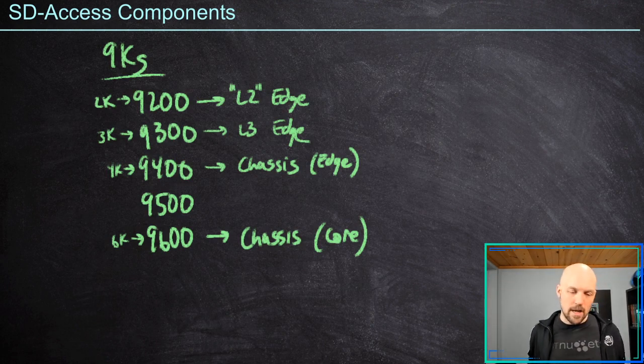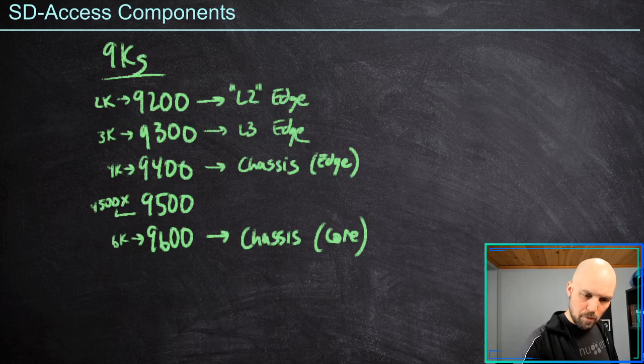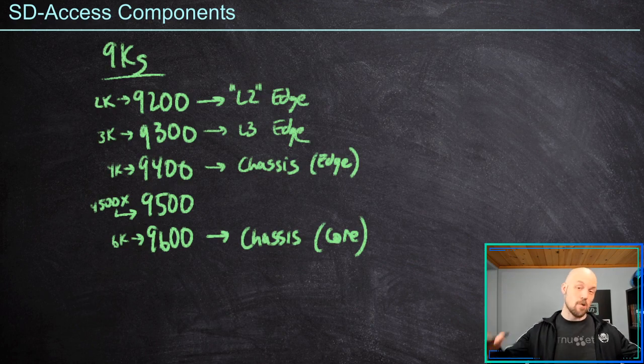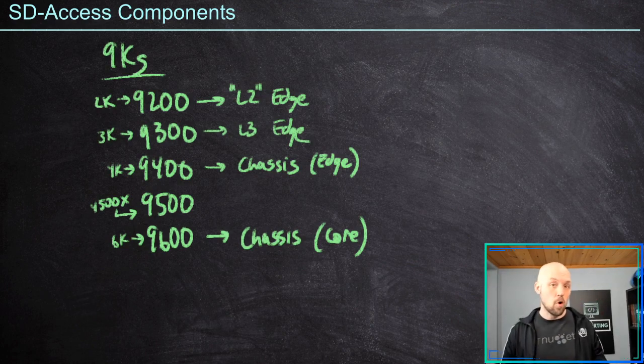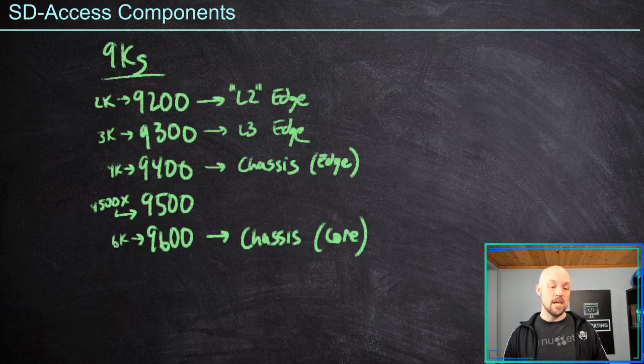You're probably looking at this and saying, okay, Jeff, what's the 9500 then? This is a little bit different, but just from a numbering perspective, this is intended to replace the 4500Xs. If anybody used those 4500Xs, they're single rack unit, fixed configuration, high bandwidth core and distribution applications. Usually you get one rack unit with 12 or 24 ports of 10 gig or 40 gig connectivity.